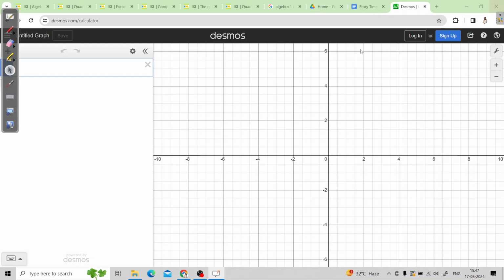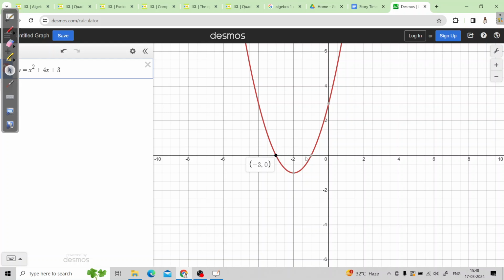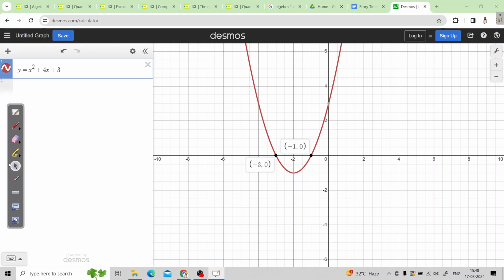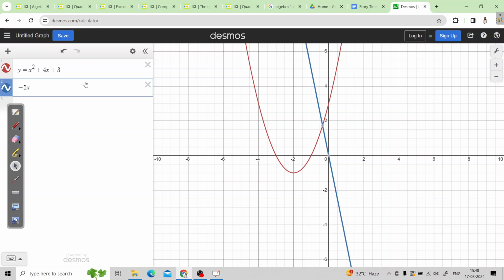For example, if I plot the graph for y equals x square plus 4x plus 3, these 2 points, -3 and -1, are the solutions to this quadratic equation. Then let's see a case of one solution. If you notice, I'm using the same examples as I took in the previous video.